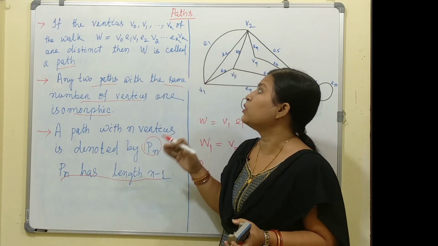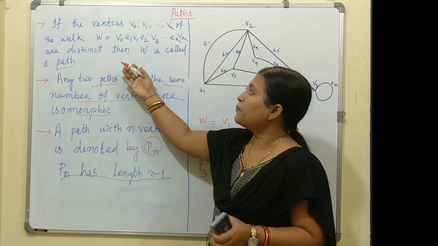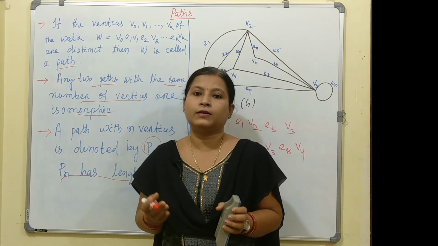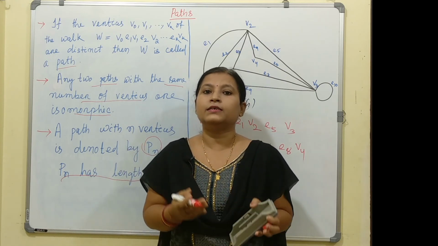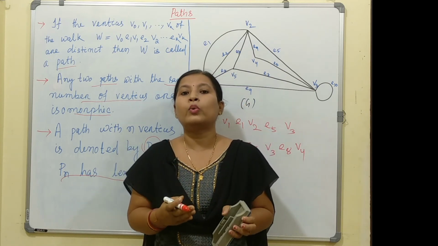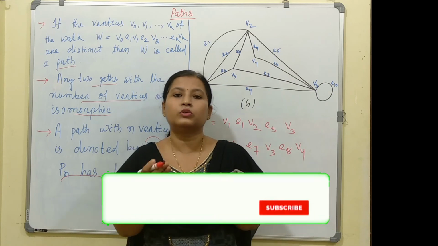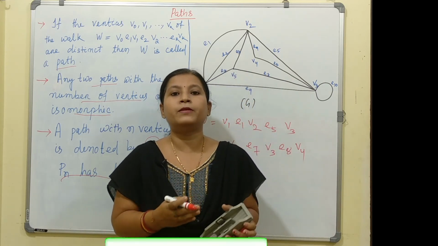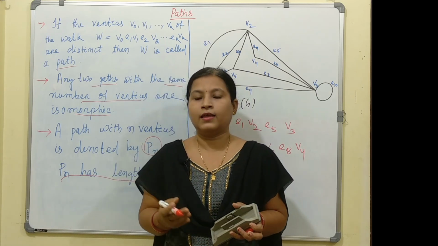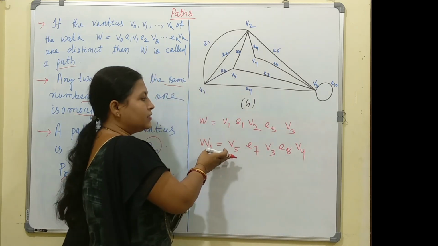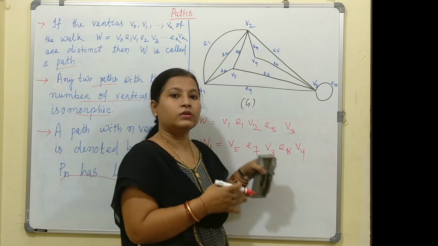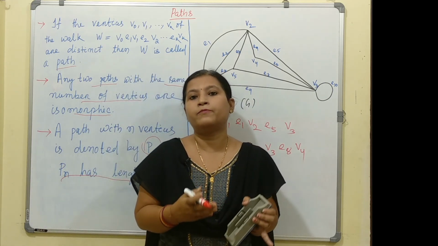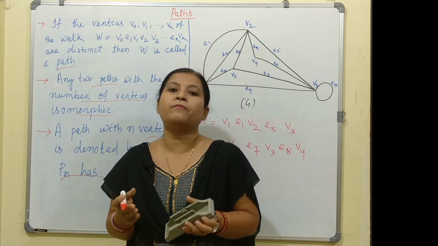From this we conclude that in a path there is no repetition of vertices, so it is clear that there is no repetition of edges. So every path is a trail, but every trail is not a path. And from this example we also see that every path is a walk, but every walk is not a path.